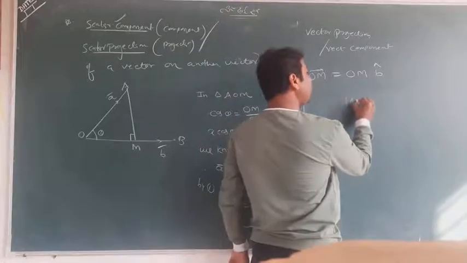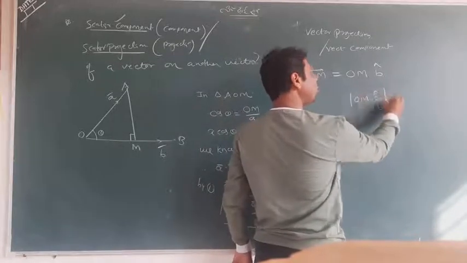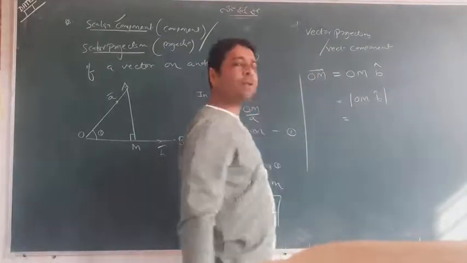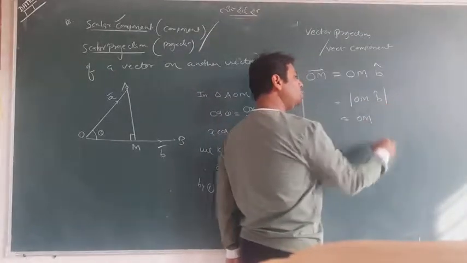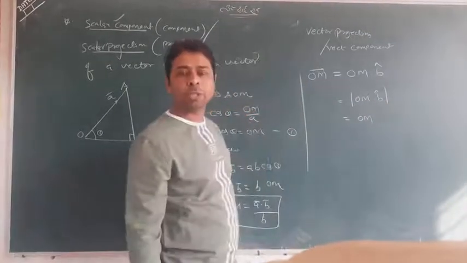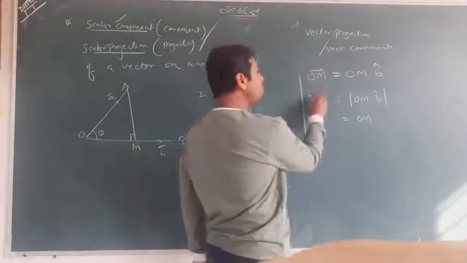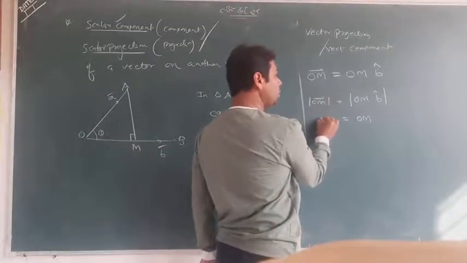If I find its mod, I will get OM, and you know that B cap has a mod of 1 because it is a unit vector. So its mod is again OM.